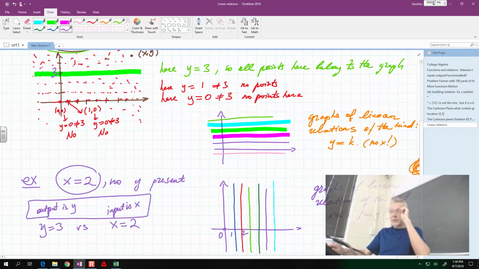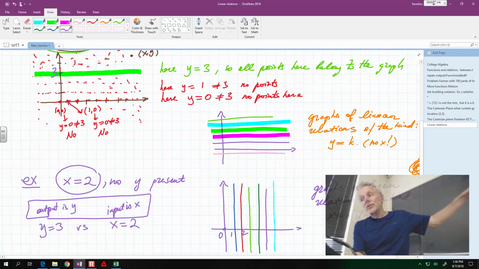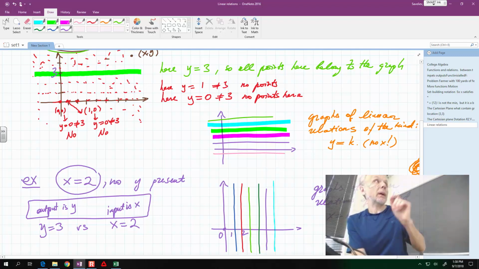What I'm saying is, can we build a function from one or the other or both? Yes? Which one? Or both? Both? No. Y is equal to 3 we could build, as long as we identify x as the input, y as the output, then they become unequal.